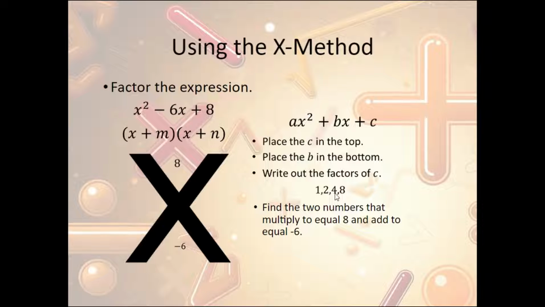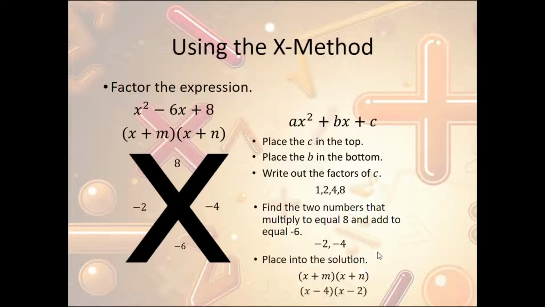And when I add them together, I get negative 6. So that would be my solution. So it's negative 2 and negative 4. So I place those in my x and then add them to my solution, which started as x plus m times x plus n. Well, I'm going to plug in negative 2 for one of these and negative 4 for the other one. So I get x minus 4 times x minus 2.